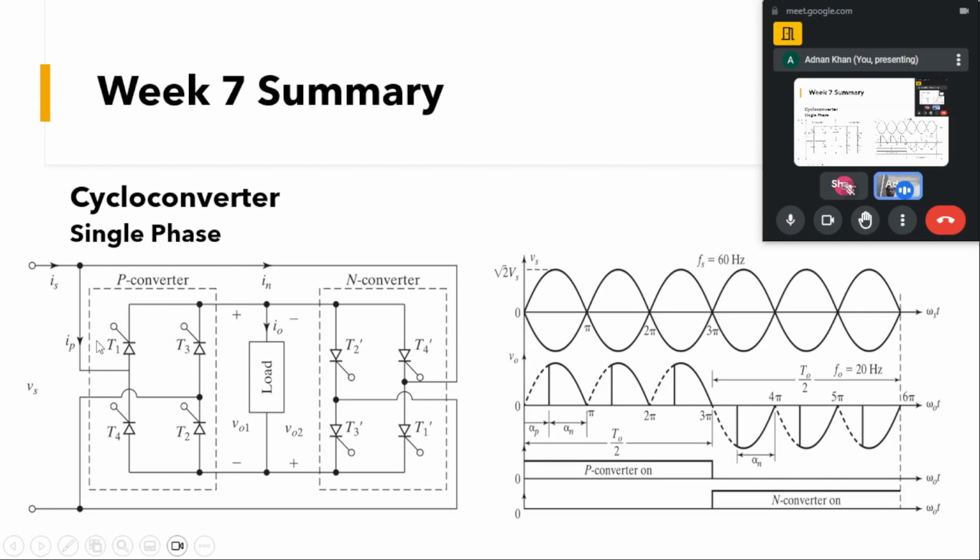As we know, thyristors are only unidirectional in terms of current conducting capability. They can block both positive and negative voltage, but can only conduct current in a particular direction.